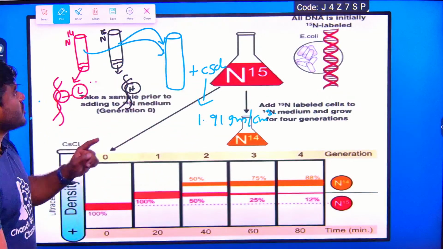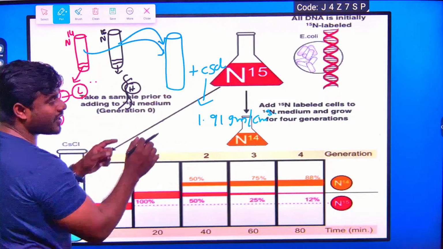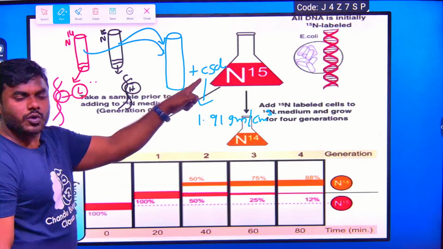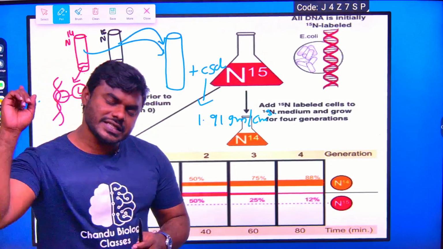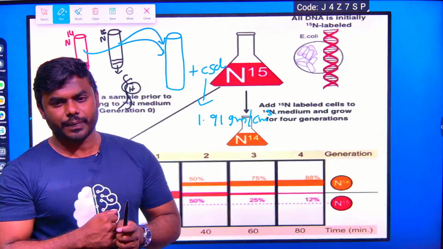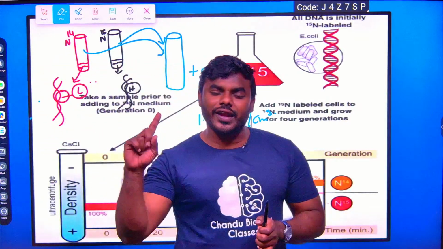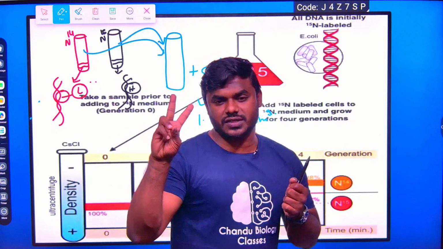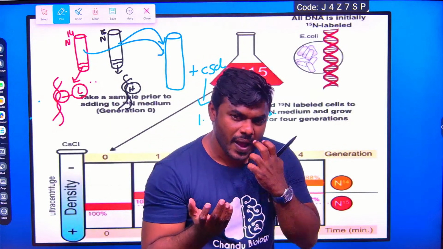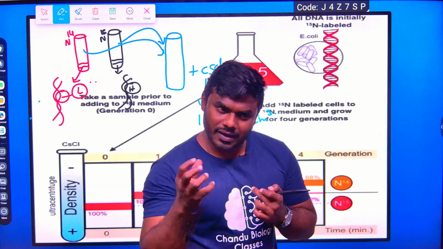Now tell me, in this test tube what are there? Cesium chloride is there, N15 is there, N14 is there. What did they do? They started doing centrifugation. Centrifugation means rotating at a higher speed for a period of 20 hours. Now what happens? Based on the density, they will settle.